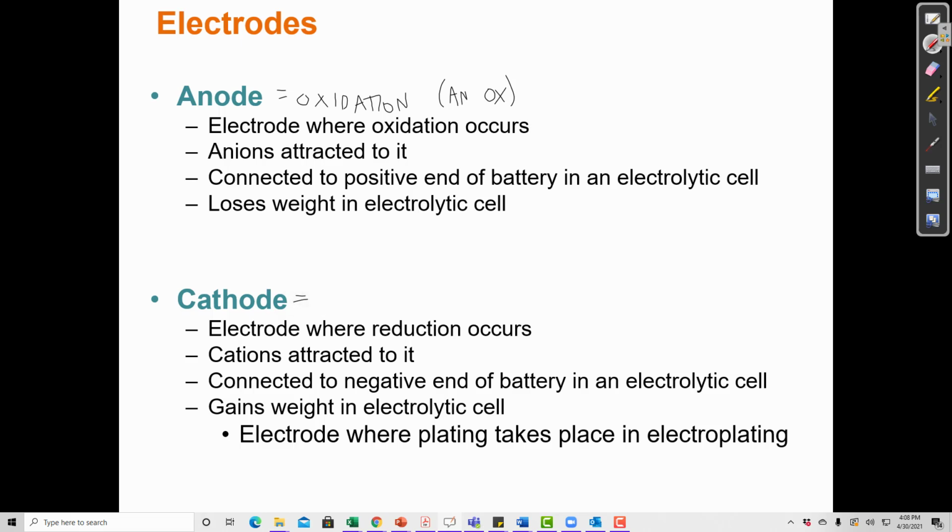Cathode equals reduction. It's where reduction occurs. Red cat.